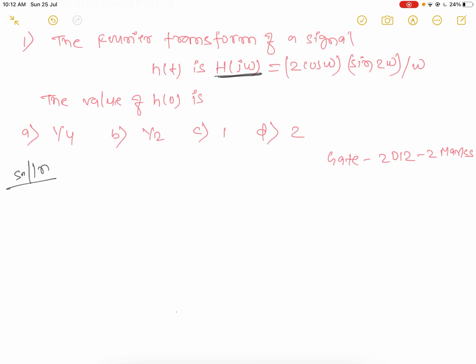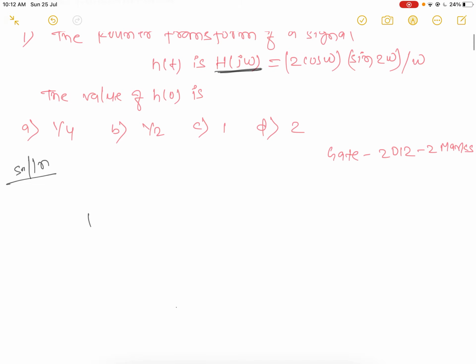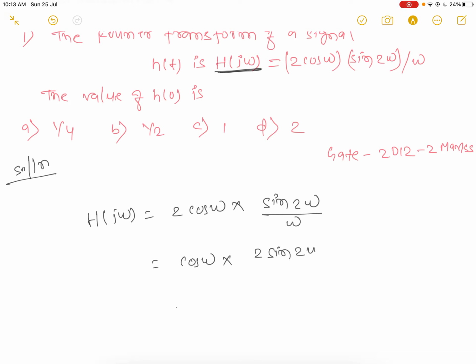What is h(t)? Given is H(jω) = 2 cos ω · sin 2ω / ω. Now first modify it: cos ω · 2 sin 2ω / ω.